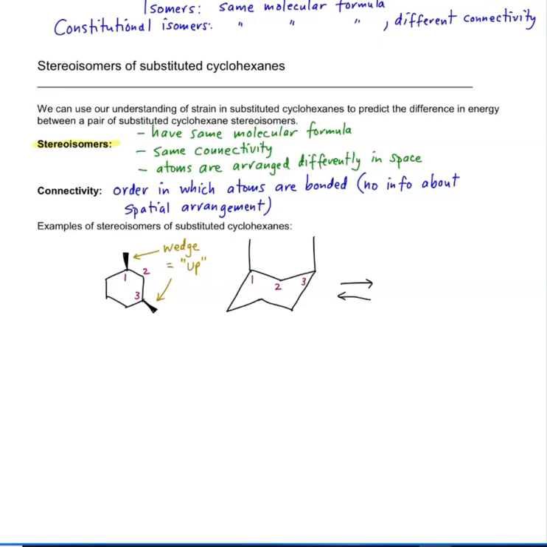Now, if we were to draw the chair flip for this, here's how we do it. Carbon 1 in our original chair, the methyl group is axial and up.